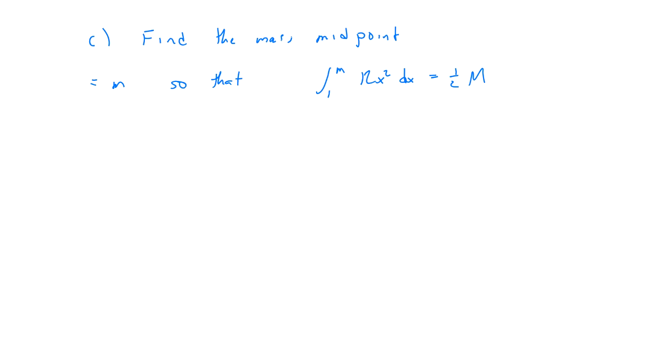So obviously to do this, we have to first get the mass, which we have. So we found that this is 14. So you'll notice we're instead solving an equation. So bring the 14 down, take the antiderivative of the 12x squared, and plug in the endpoints, and we get an equation that we have to solve. Obviously, if we're going to make you do this, it would have to be an equation you can actually solve.